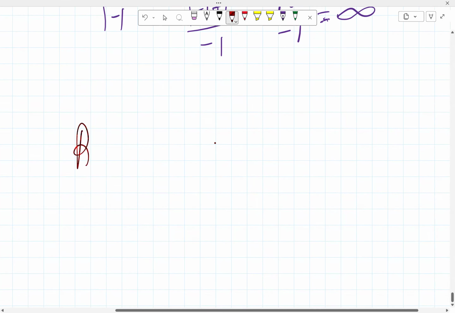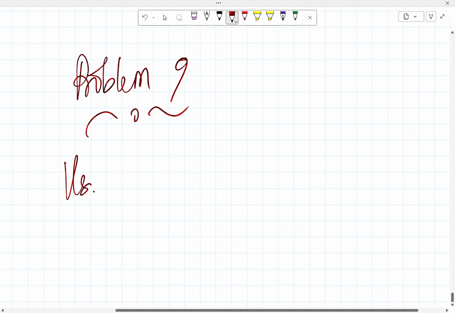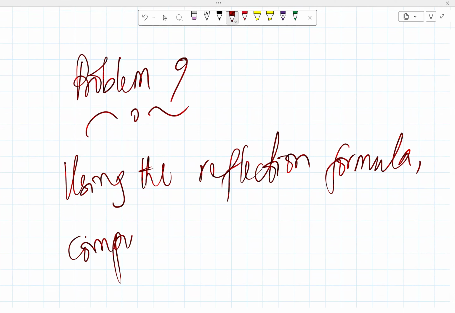Problem 9 now. Using the reflection formula, compute gamma 1 over 3 and gamma 2 over 3.